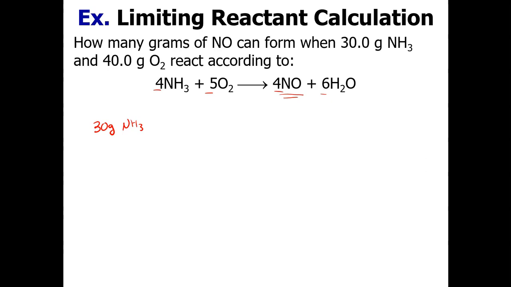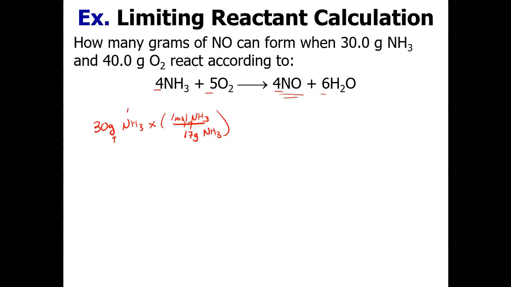30 grams of NH3. The problem is this is in grams, so I need to convert that into moles first. That's the big trick there. And 1 mole of NH3 is going to be equivalent to 17 grams of NH3. How did I get 17 grams?